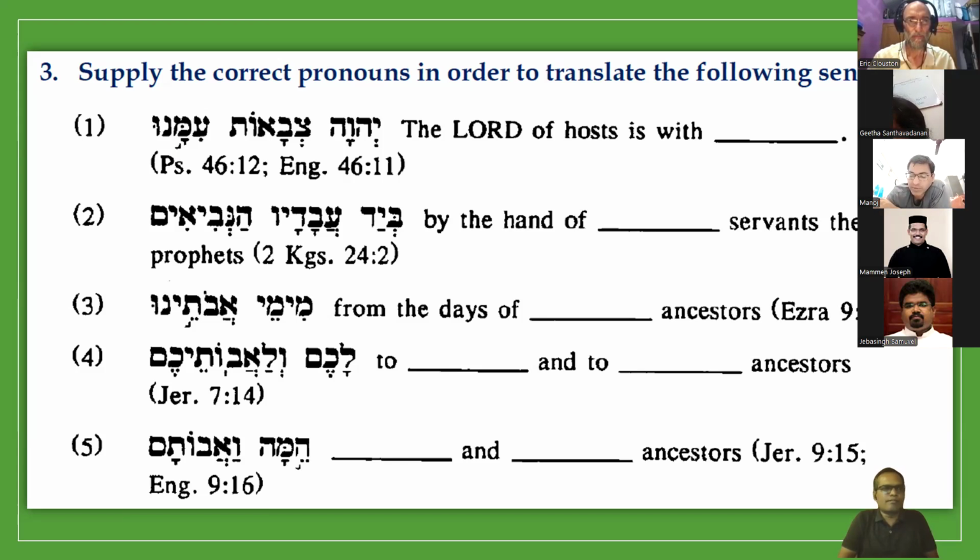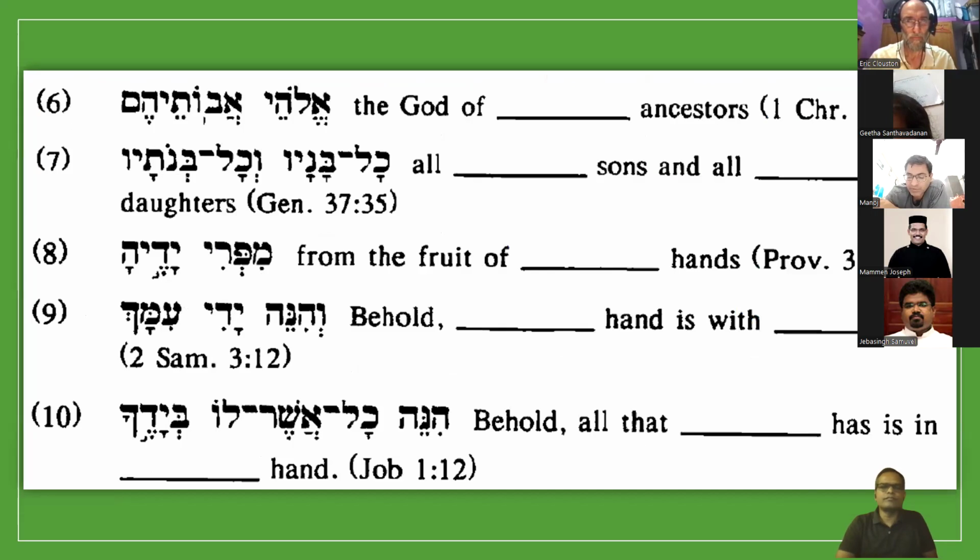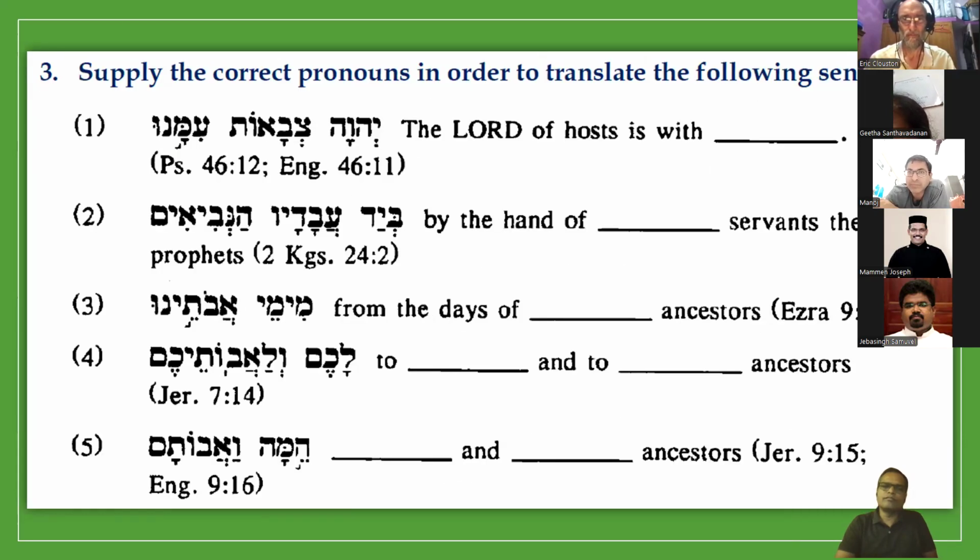So the next one will clarify this, no? God of their ancestors, avotam. The next one, the sixth one.